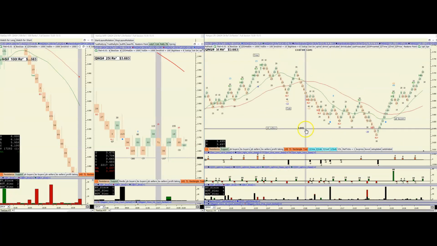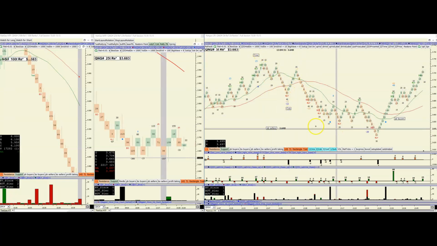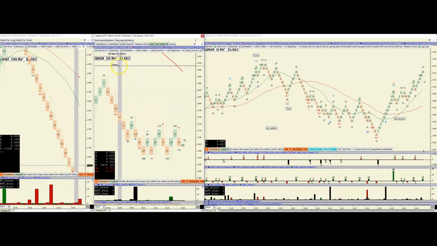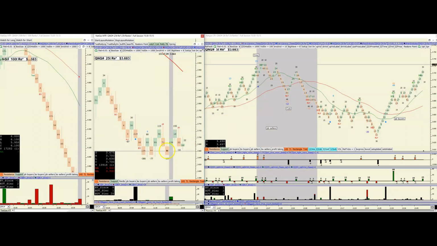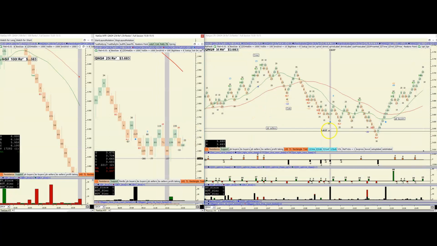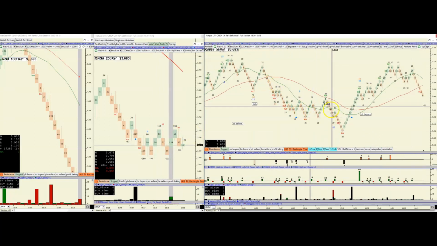Right? The selling works. Why? Because in the middle time frame here, you have a downtrend and you have a rotation down. It's cycling down and up and down and up and down and up. That's why it's working. Here, here, here, here.